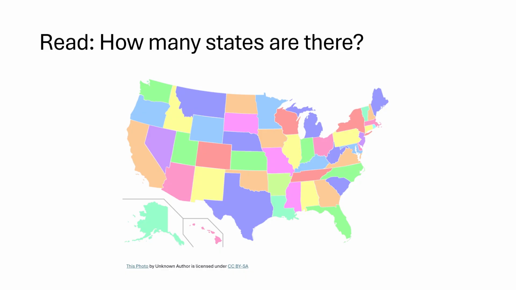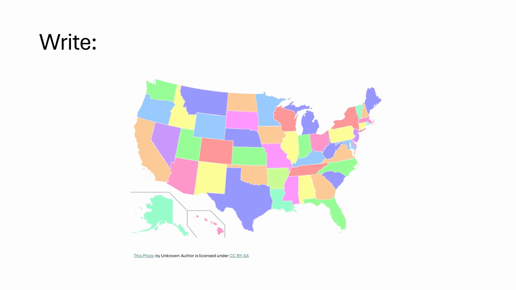How many states are there? Please read that question. Good. How many states are there? You may remember that in the first lesson, I gave you a list of words that are often at the beginning of the question. So how many? You know it's a number. Now please write.